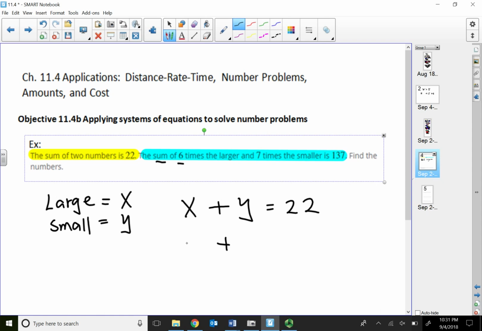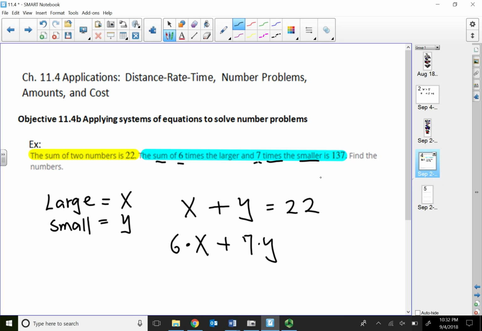I write 6, and when I write a plus there, somebody has to go in front and somebody has to go behind. So the addition of 6 times the large, which is x, and what's the other one I'm trying to add? 7 times the small, so that'll be 7 times y, is 137. There you go, that's my two equations.